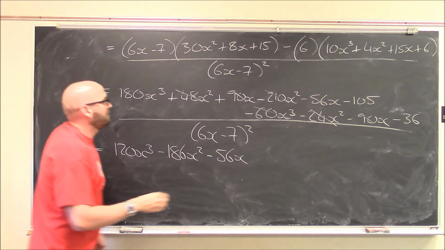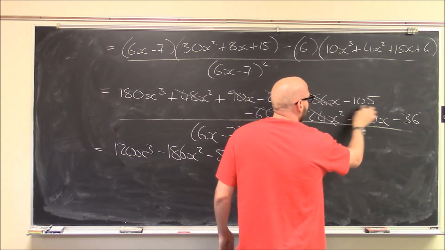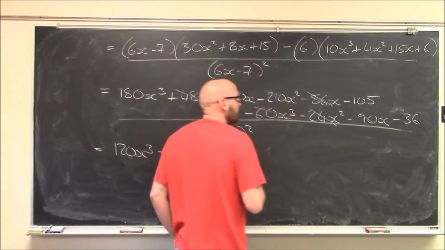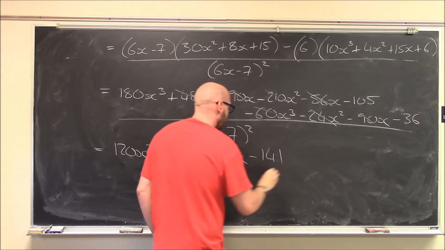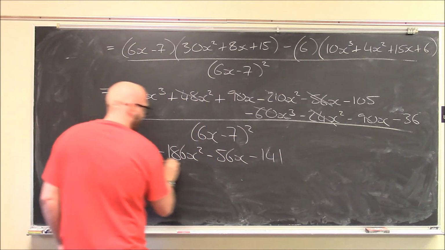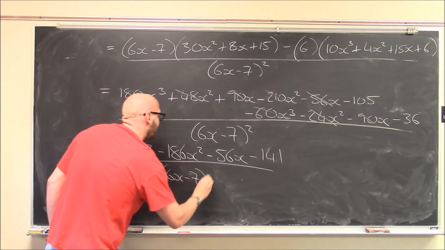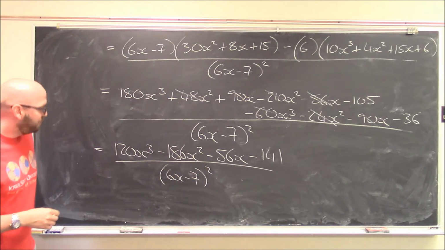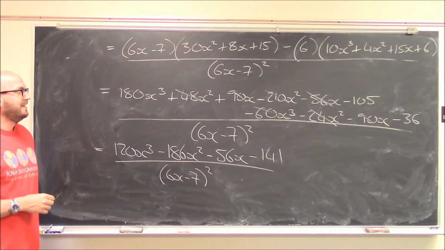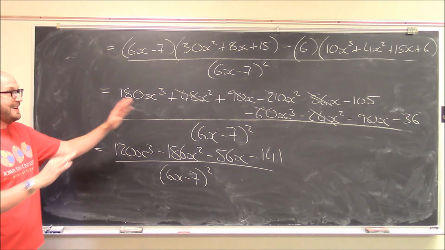Okay, and last but not least, minus 105 minus 36 is minus 141. All over 6x minus 7 squared. And we're done. Again, I might have made a mistake.